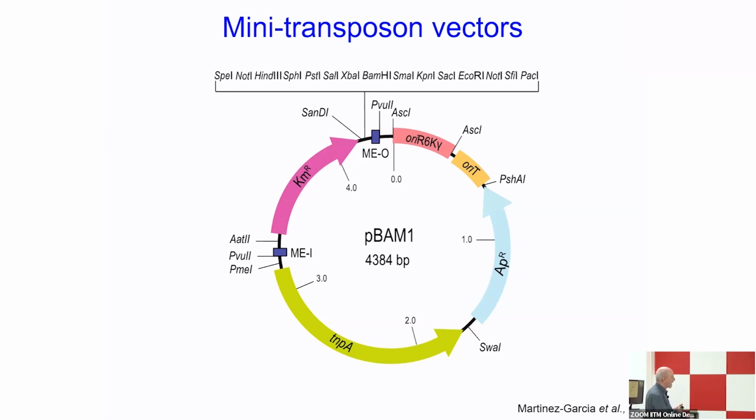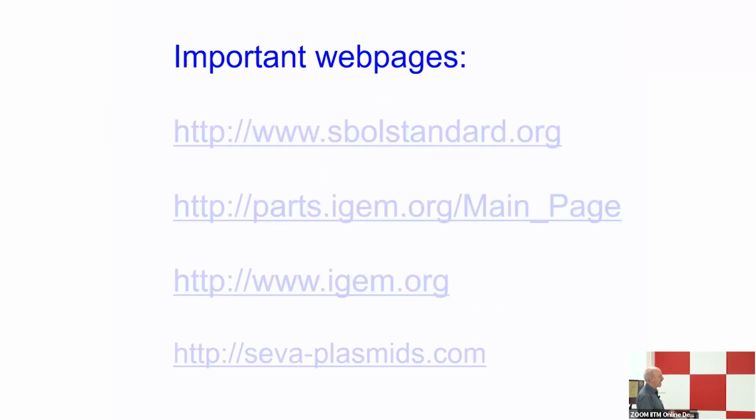And the trick is that because of this standardization of the different segments, you can easily move devices from vectors to other vectors, and also from plasmid vectors to transposon vectors. And therefore, you have an entire list of tools that you have for making all types of detailed genetic engineering. And this is something that is just fantastic.